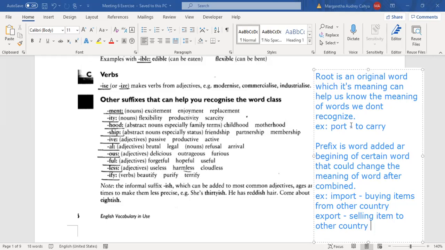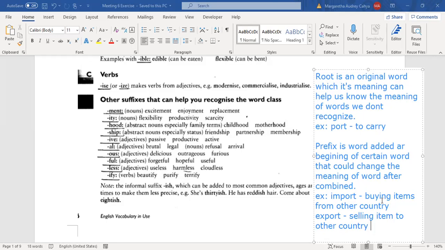Ini kan sesuatu untuk membawa sesuatu, right? Tapi karena ditambah im di depannya, import, jadinya menjadi buying items from other country.